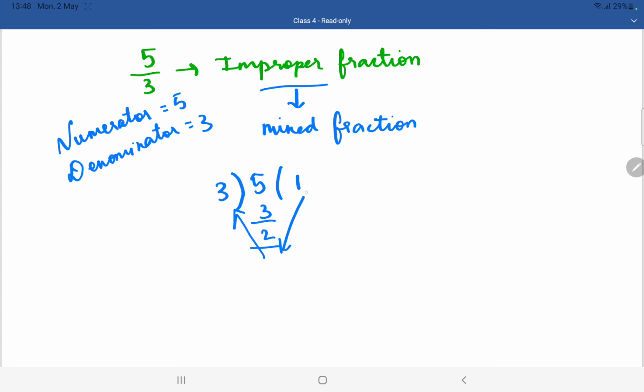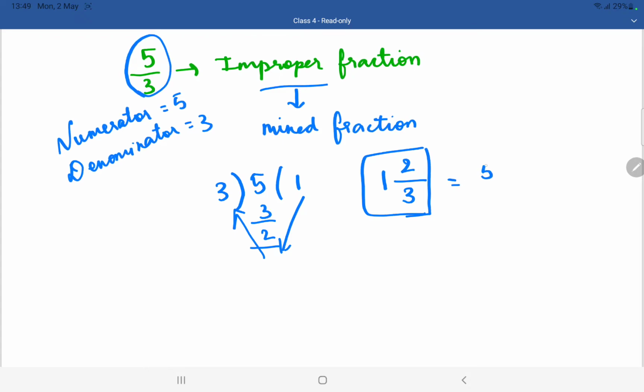Remember that always this quotient will become the whole number. So 1 is the whole number in the mixed fraction, and this remainder which is left over will become the numerator, and this divisor will become the denominator. This is the mixed fraction of 5 by 3.